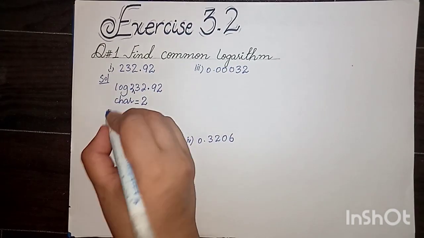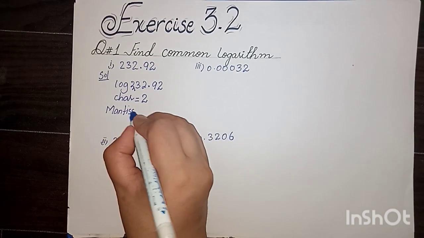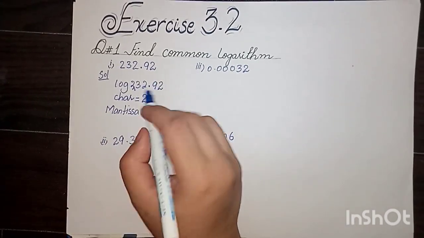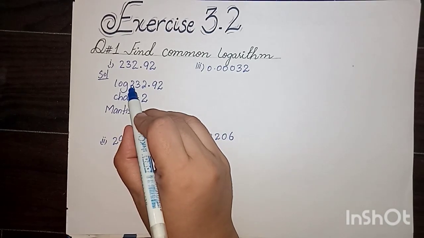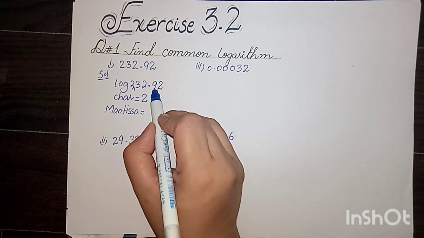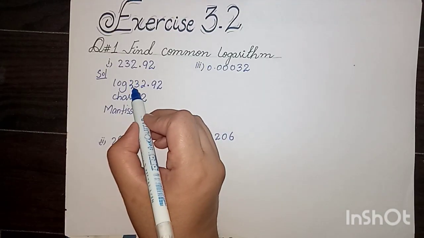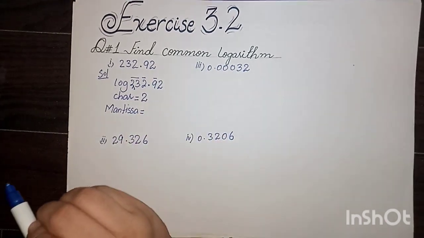Now we will find the mantissa. For the mantissa we will take the first 4 non-zero digits: 2329. If we make pairs of these, my first pair is 23, then 2 and then 9.